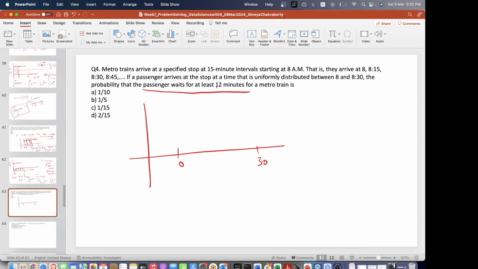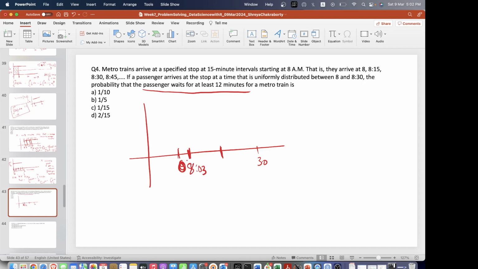So to wait for at least 12 minutes, let's say this is at 8:15, there is one train. So at least 12 minutes means he has to arrive on or before 8:03.